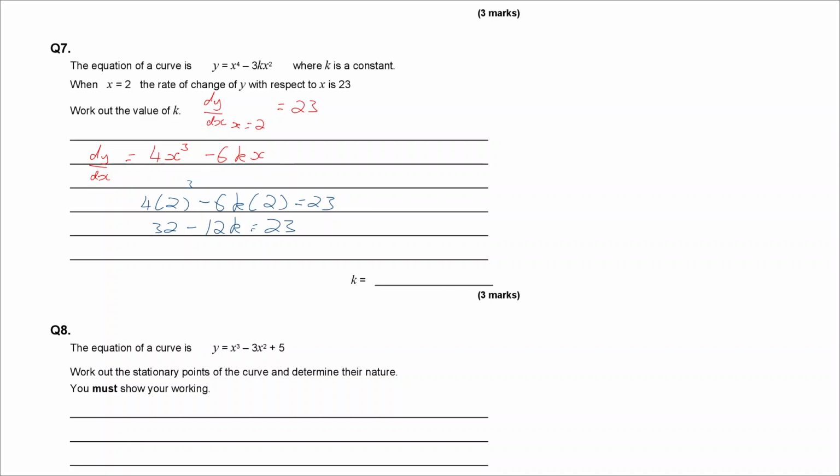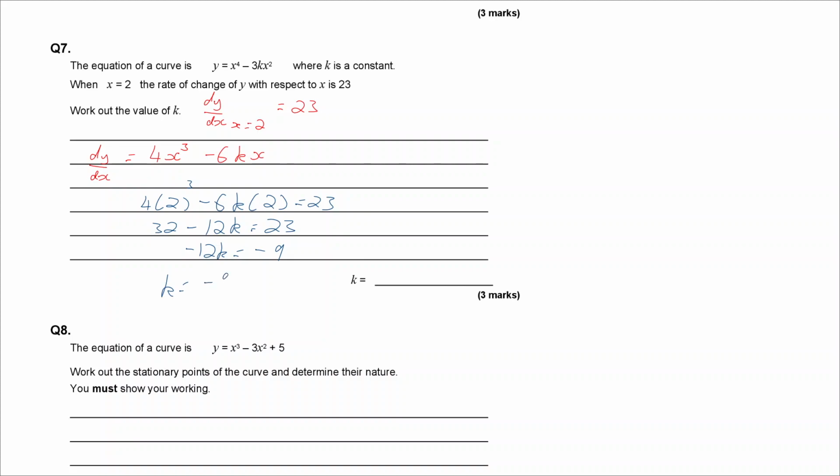And now I've got a simple linear equation where I'm trying to find k. I can get the 32 onto this side by taking it away. So minus 12k is going to be equal to 23 take away 32, which is minus 9. To get k on its own, we're going to divide by minus 12.